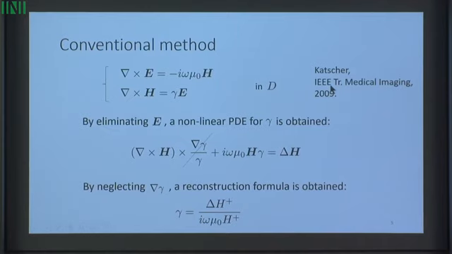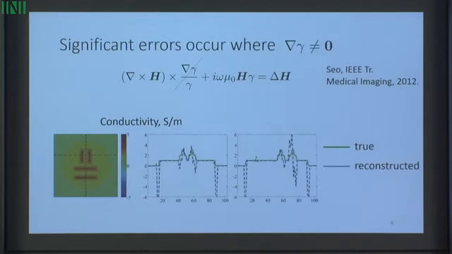In the conventional method, we neglect this nonlinear term to have simply this reconstruction formula: gamma can be computed by the ratio of the Laplacian of the measured magnetic field to the magnetic field itself.